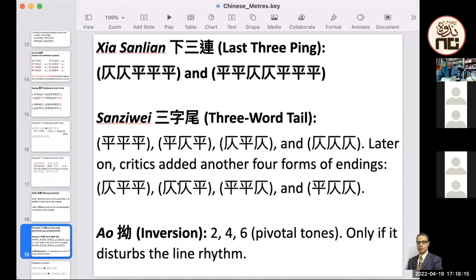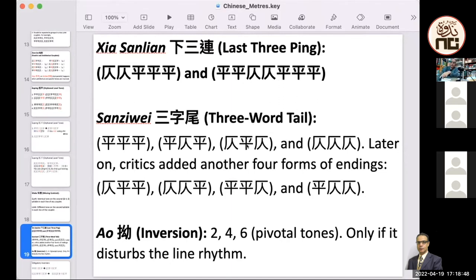There is another rhythmic feature in the regulated verse, the lishi, that's called xia sanliang, meaning the last three ping. Xia sanliang, the last three, like this pattern: zi, zi, ping, ping, ping. Ping, ping, ping usually, or sometimes can be just one word. Not necessarily, but could be. And if it's ti and shi, then it's the same. The san zi wei, this is one word.